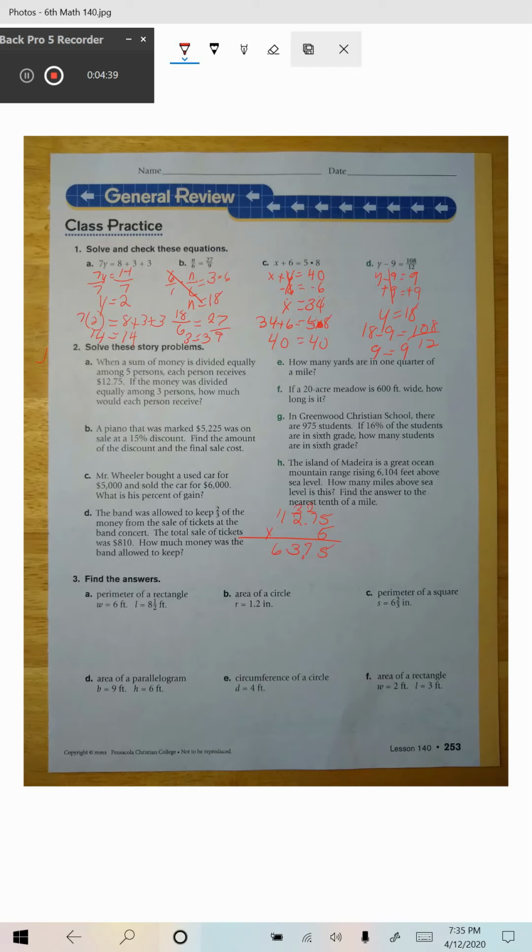Okay, so now let's just divide it up among 3 people to see how much those people would get. Now obviously they're going to get more because there's less people, right? So we can kind of check our answer to see if that makes sense. 3 into 6 twice, and that's a 0, so I can just go to the next one. 3 into 3 once, and that's perfect.